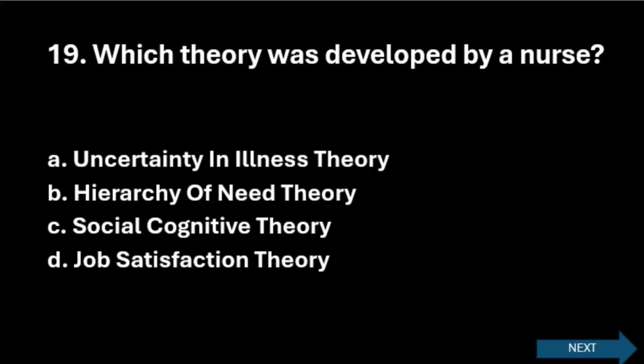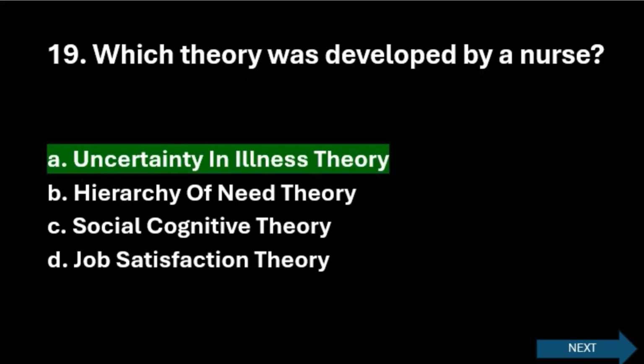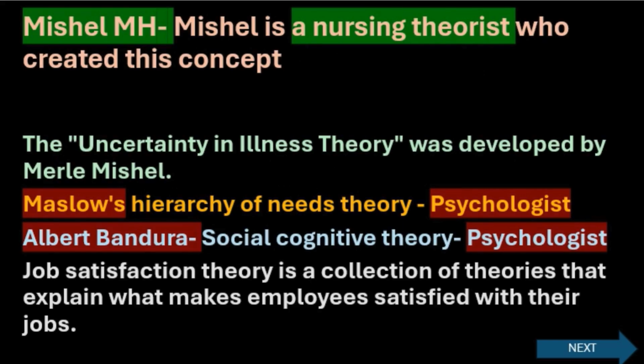The right answer here is option A. Uncertainty in illness theory. Here you can see Michelle Emmett, a nursing theorist who created this concept. The uncertainty in illness theory is developed by a nurse theorist named Michelle Emmett.